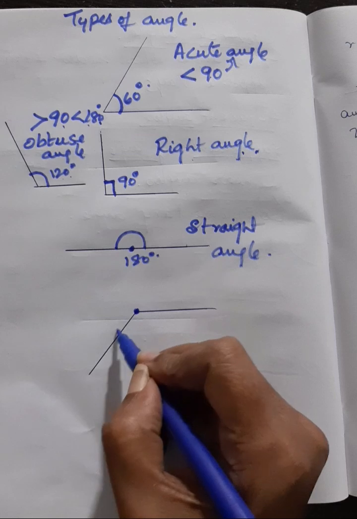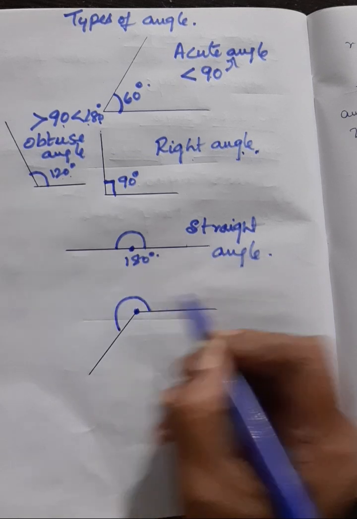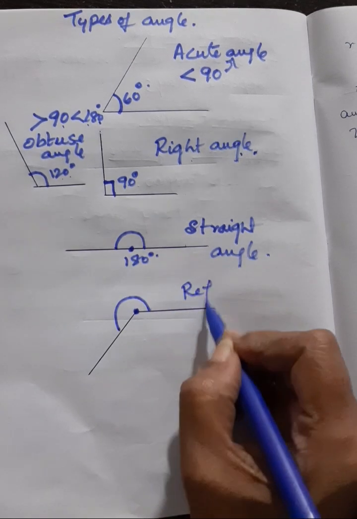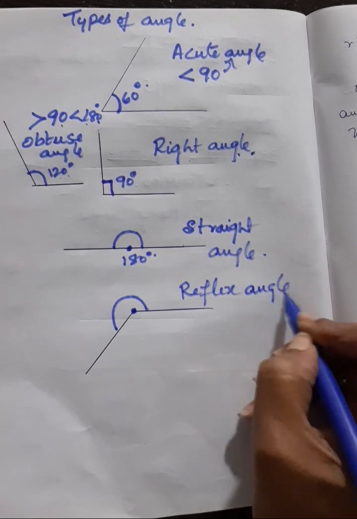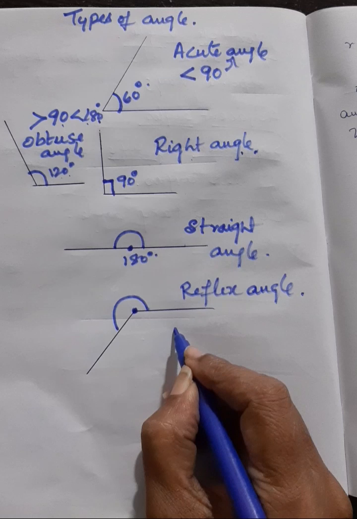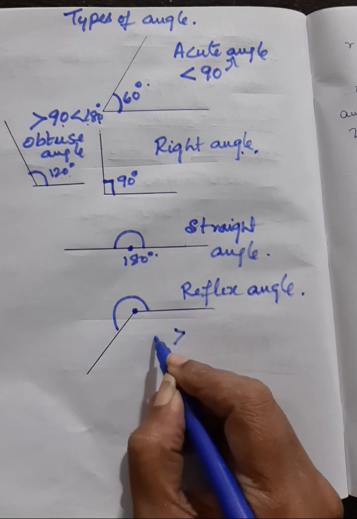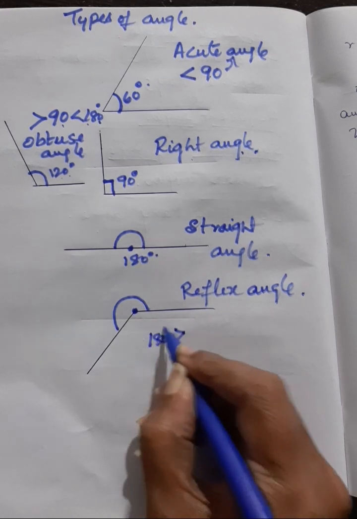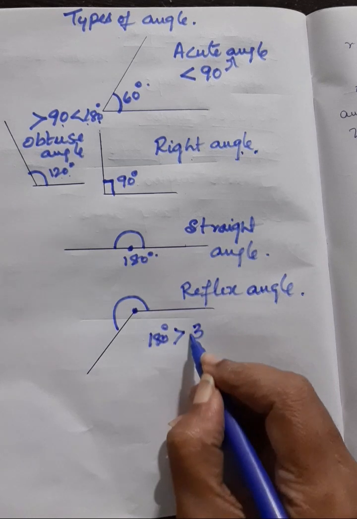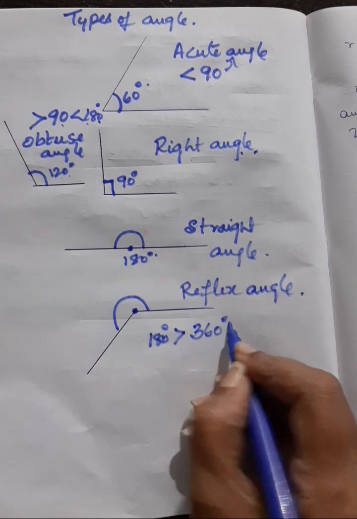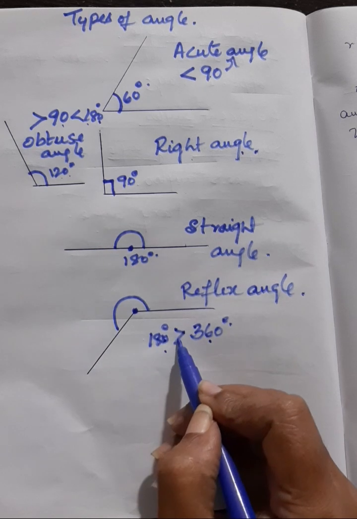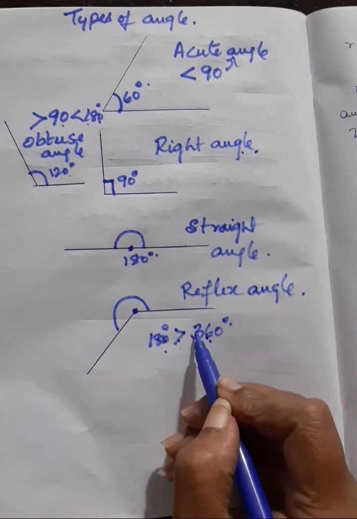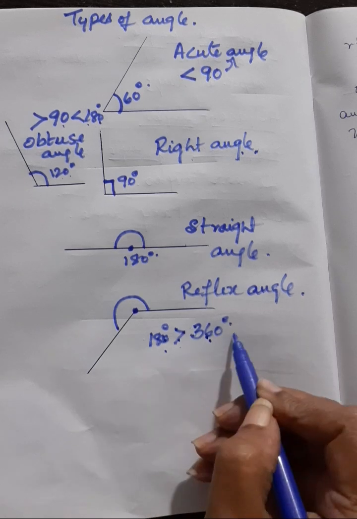Next is reflex angle. So reflex angle means the angle which measures more than 180 degree and less than 360 degree. So the angle which measures more than 180 degree and less than 360 degree.